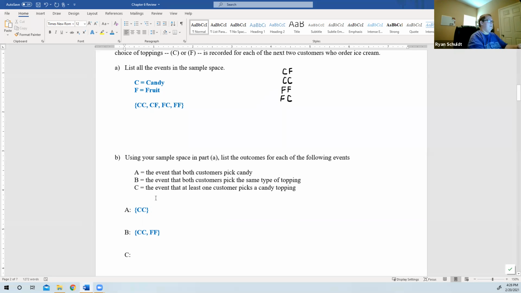C, the event that at least one customer picks a candy topping. At least one. That means at least one of them has to be candy. So we go through and we see, okay, candy, candy. Oh, there's one. Candy, fruit, fruit, candy. At least one of them was candy.